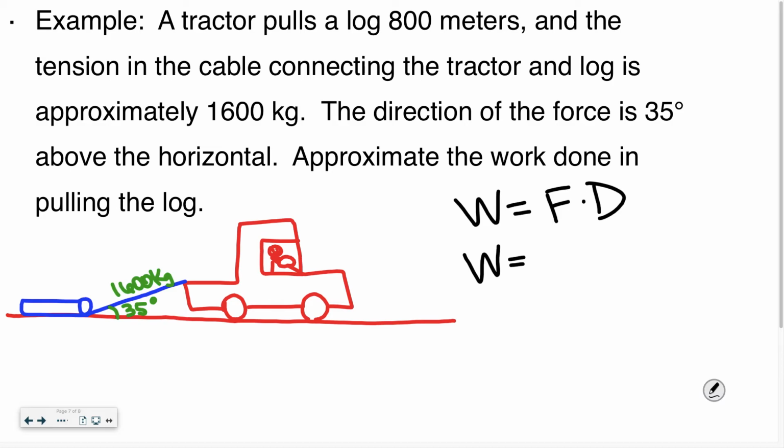Our force is 1,600 kilograms at a 35-degree angle. And since this log is moving horizontally, I only care about the component of force that is horizontal. So our force is magnitude times the cosine of the angle because we are worried about the horizontal component.